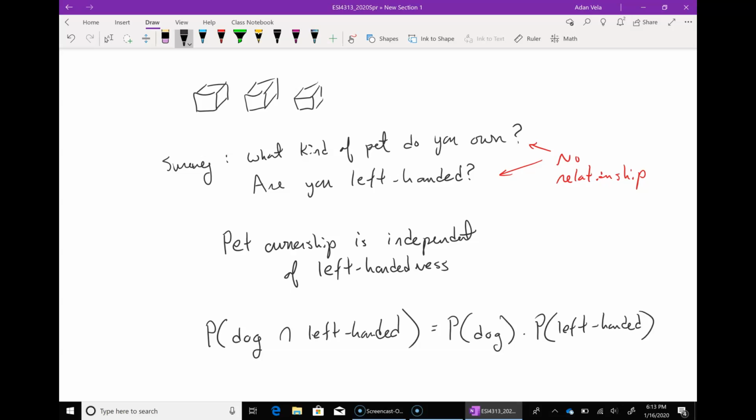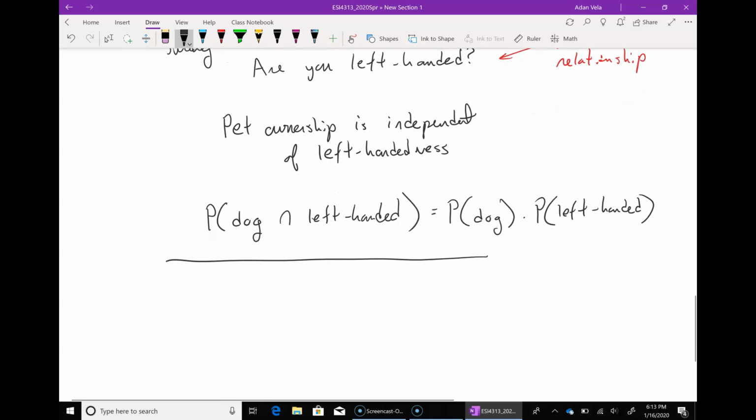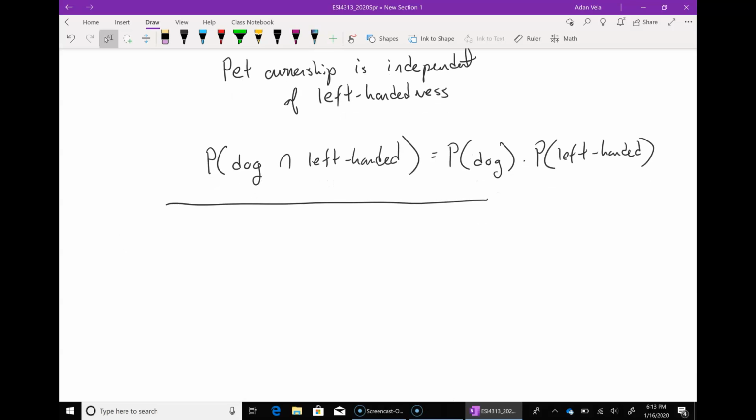Right? Now, we can certainly imagine a case where they do have something to do with each other. Let's say I were to ask two questions. I'm going to do a survey, okay?